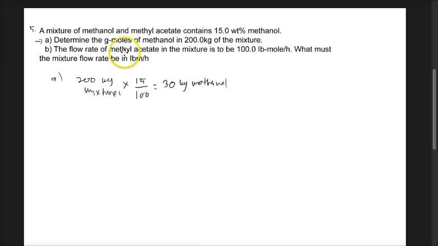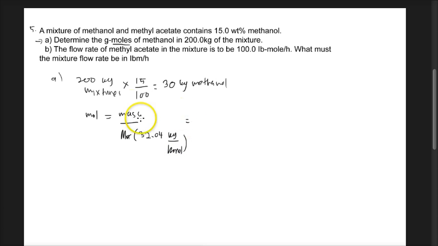It wants us to get moles. The formula for moles is mass divided by molar mass, MR. The MR for methanol is 32.04 kg per kilomole.